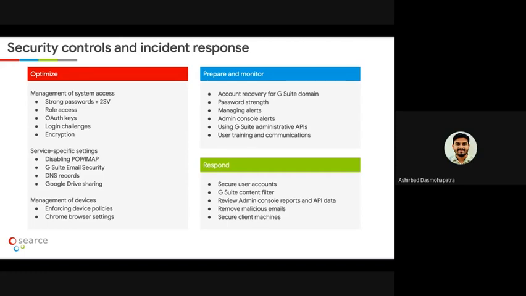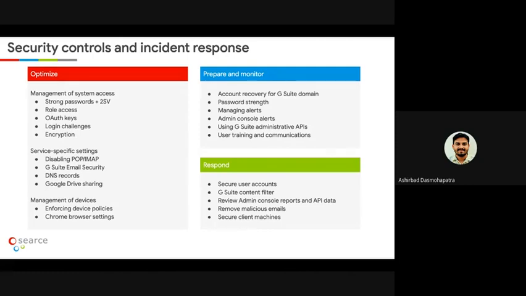service-based settings. We can disable IMAP and POP. Basically, we can tell users it is not a best practice to use IMAP and POP, because with IMAP and POP users can download this data anywhere else. And G Suite email security: we have a lot of email security options like TLS-based encryption support, and all encryption settings we can apply.